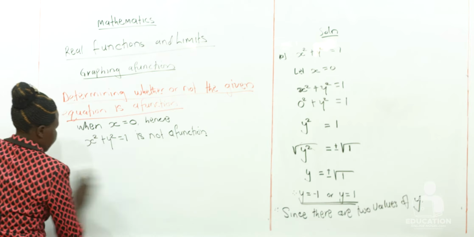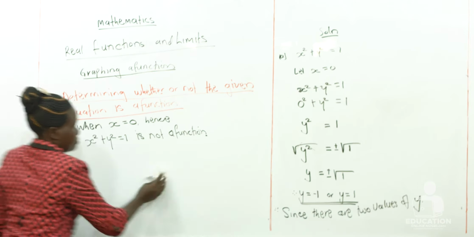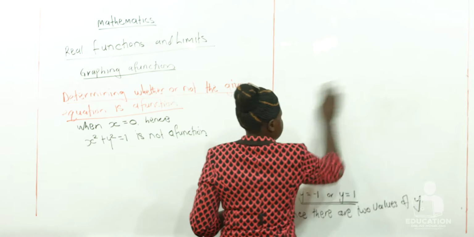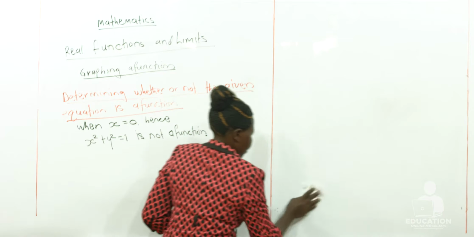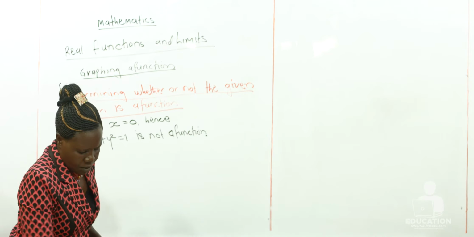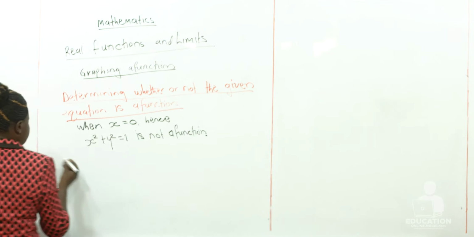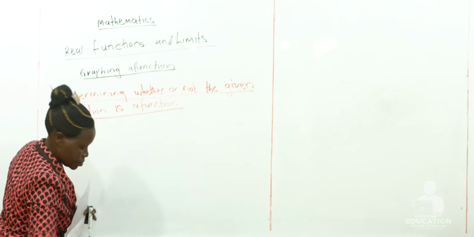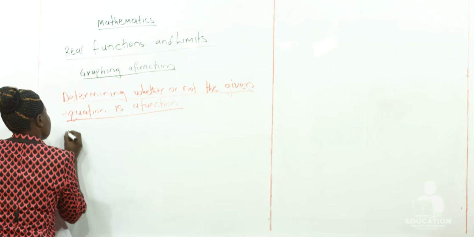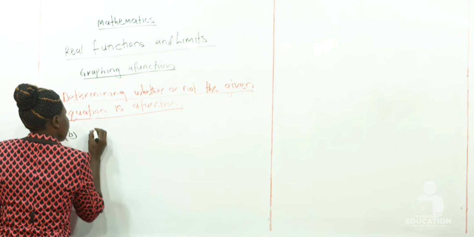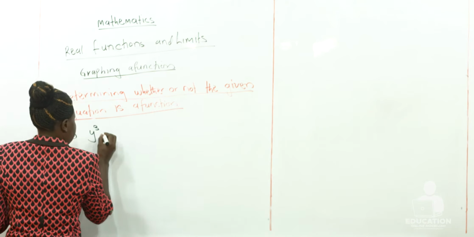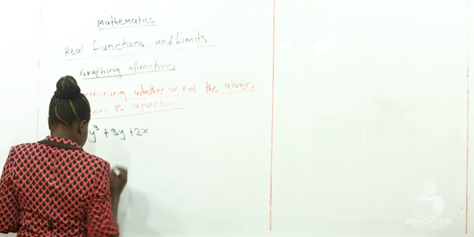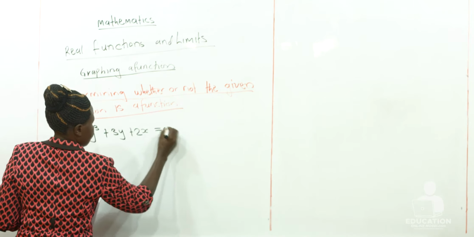So let us move to part B. Part B says y cubed plus 3y plus 2x equals 0.